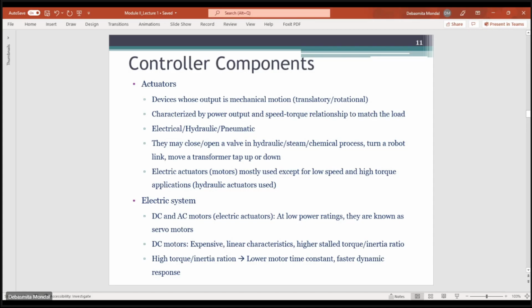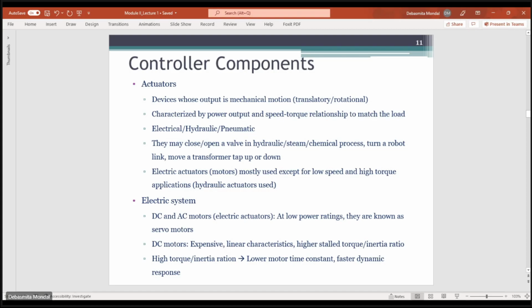Because of these two factors, electric actuators or motors are generally used in control systems. But where we are working with very low speed and high torque applications, we generally do not go for electric actuators. People are still using hydraulic actuators.